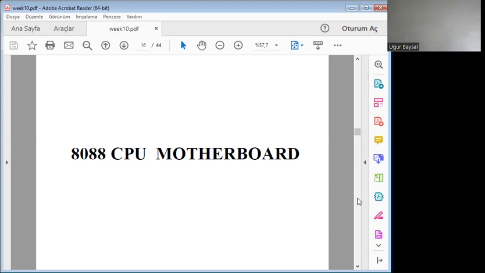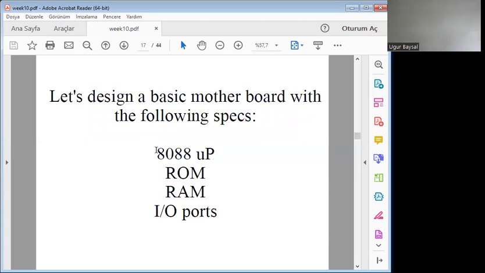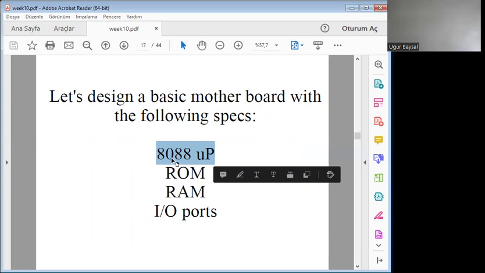So this is the moment that our first motherboard would have been designed in our lecture, and you can also design a very similar motherboard by using an 8-bit CPU, the 8088. This is a simpler one than the 8086.